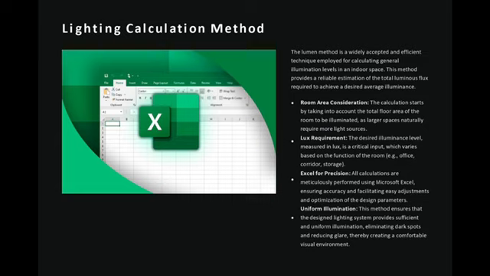Excel for precision: all calculations are meticulously performed using Microsoft Excel, ensuring accuracy and facilitating easy adjustment and optimization of the design parameters. Uniform illumination: this method ensures that the designed lighting system provides sufficient and uniform illumination, eliminating dark spots and reducing glare, thereby creating a comfortable visual environment.